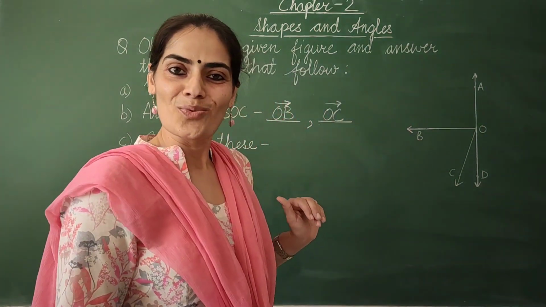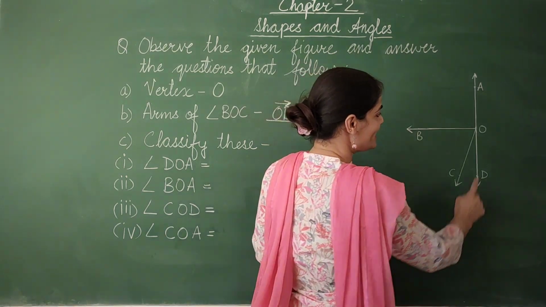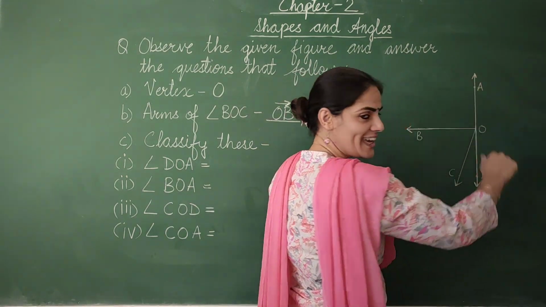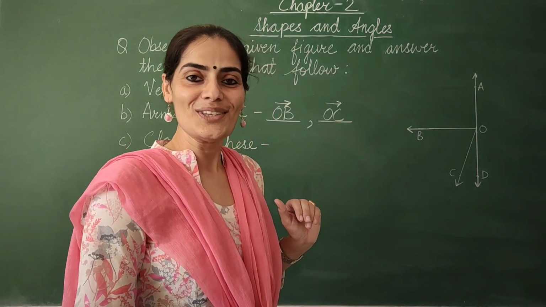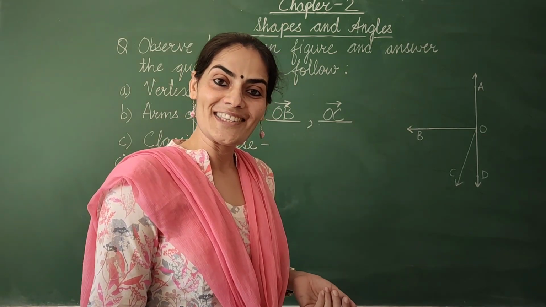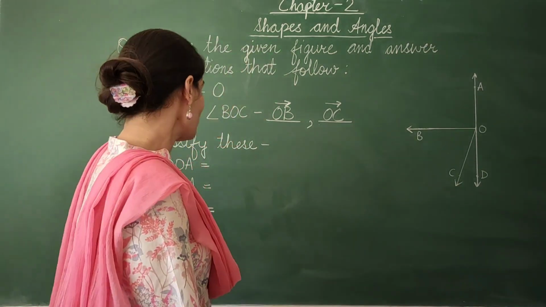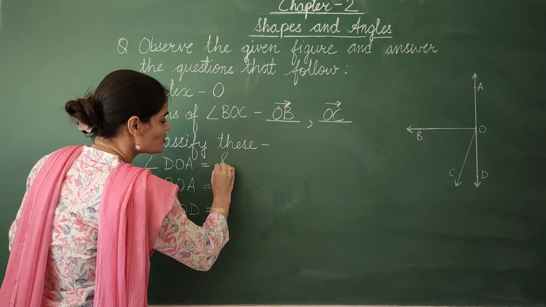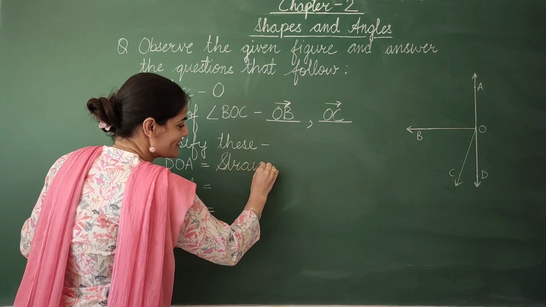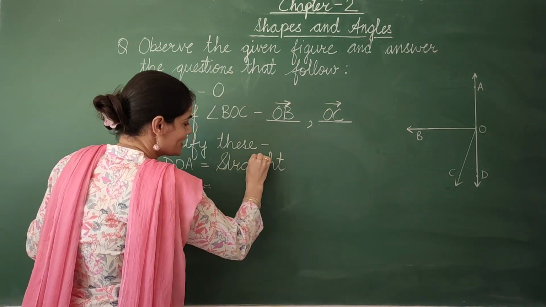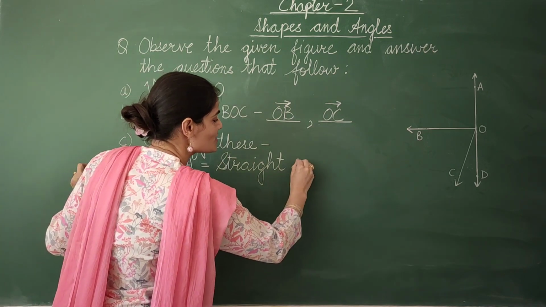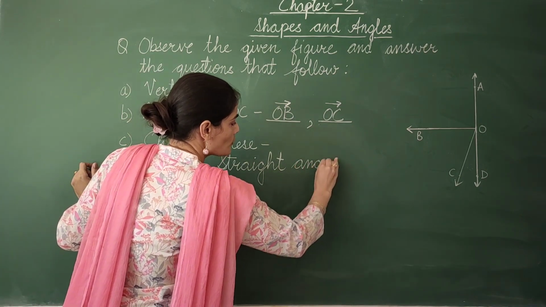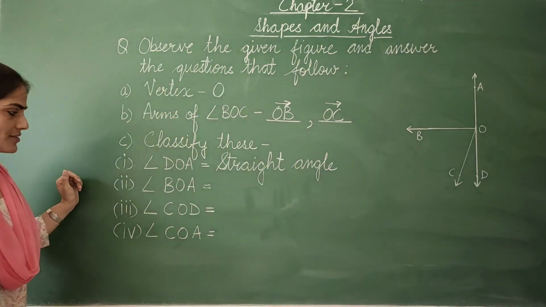In this angle, the rays are moving in the opposite direction. So, what type of angle is this? It is a straight angle. In a straight angle, the rays always move in the opposite directions.